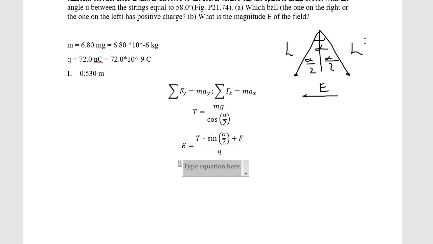So basically, we do have d, which is the distance, and the distance squared between these two spheres with opposite charges is 2L squared of sine alpha over 2, plus 2L squared multiplied by sine squared of alpha over 2.